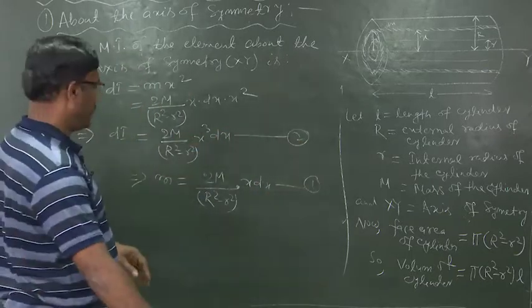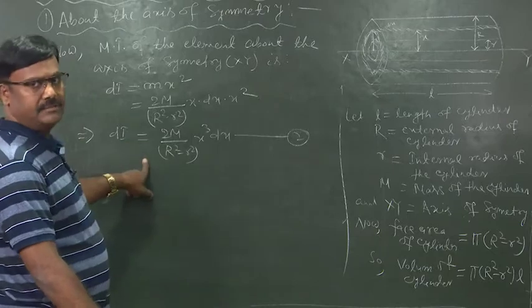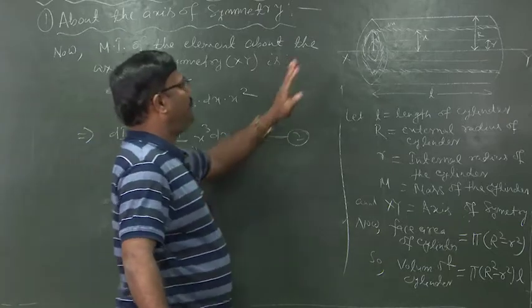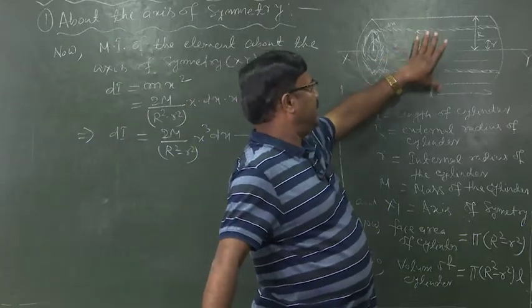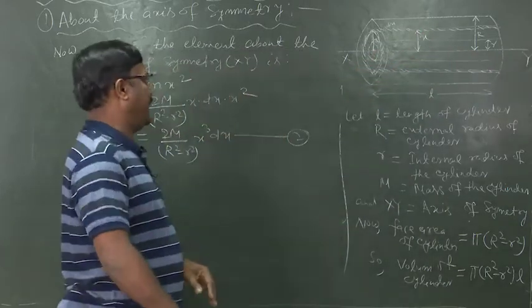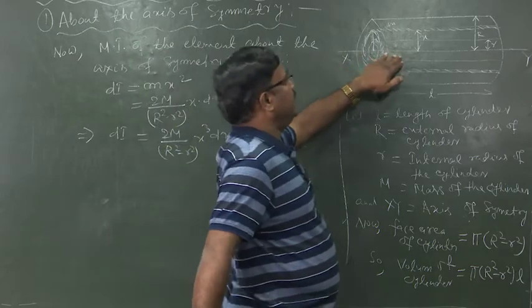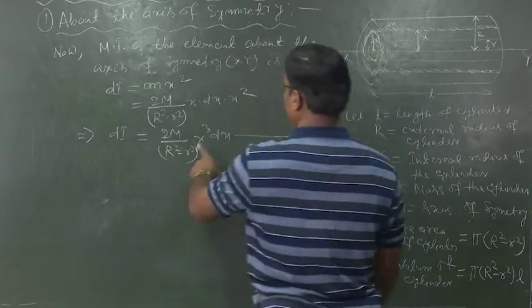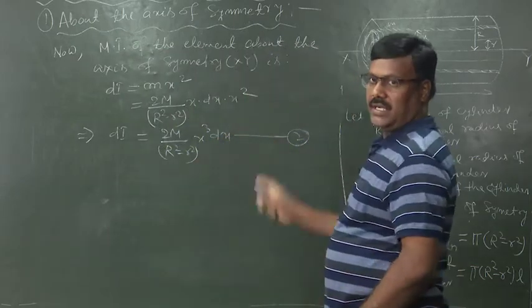This is equation 2. Now, the total moment of inertia of this cylinder about the axis of symmetry can be obtained by integrating this equation within the proper limits.